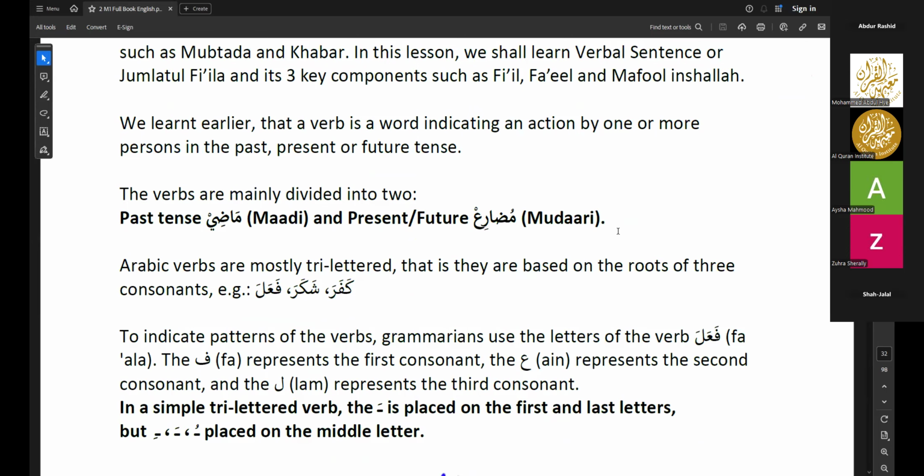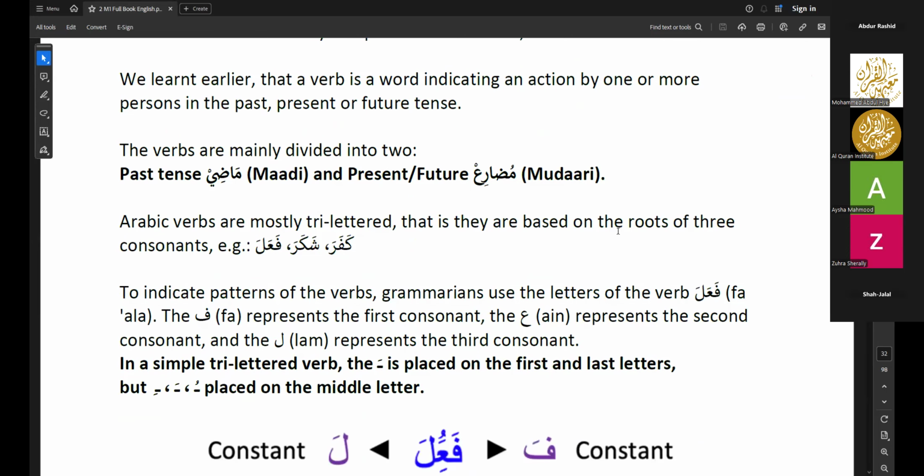Okay. The fail has two tenses here, madi and mudari'. So to indicate patterns of verbs, the grammarians use the letters of fa'ala. Fa'ala is used as a model.